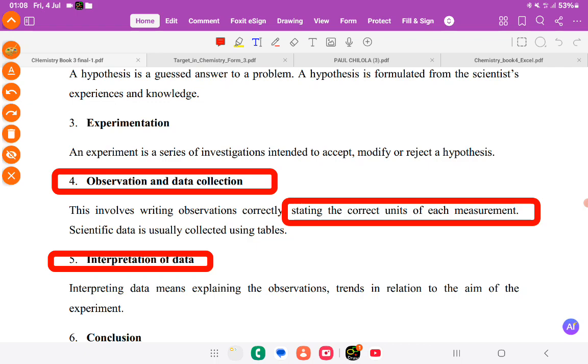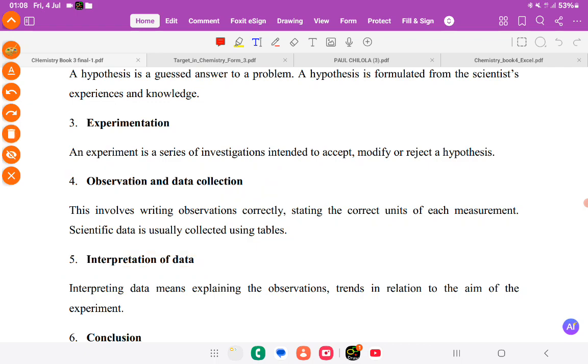If maybe a particular reaction is producing bubbles, you look at the intensity of the bubbles formed, and all that comes with the experiment you're carrying out needs to be interpreted. All right, exactly.